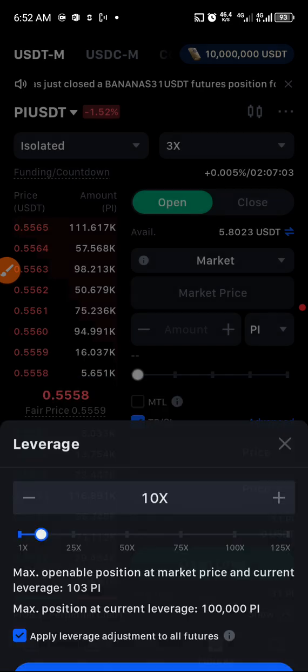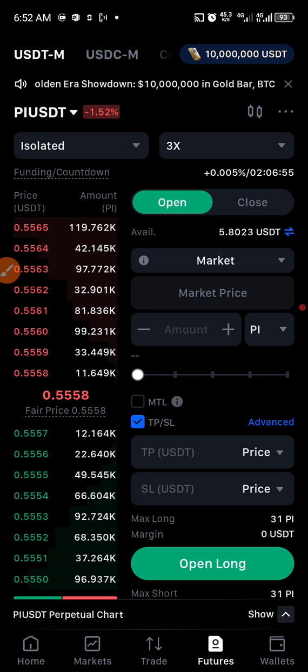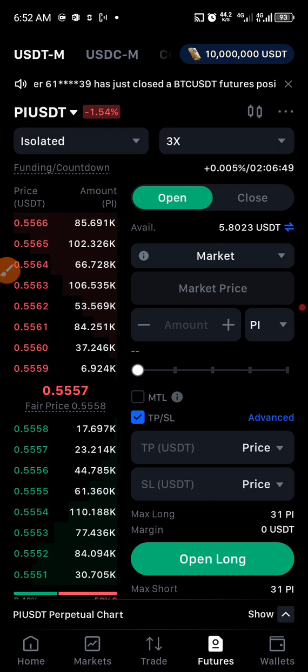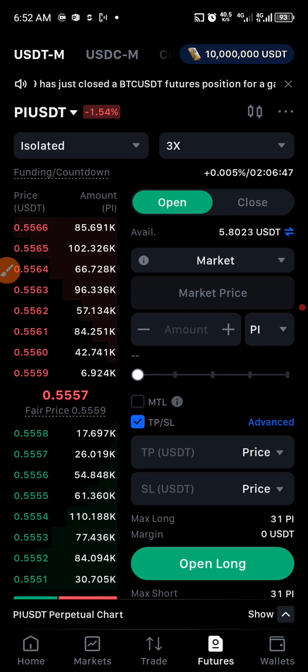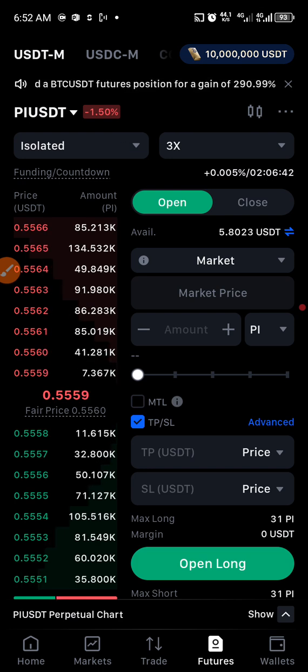And at that time, if you are making profit, the profit will be calculated based on the leverage you are using. So let's assume you entered with 1 USDT and you used 10x. That 10x automatically shows that you are trading with 10 USDT instead of the 1 USDT that you used.